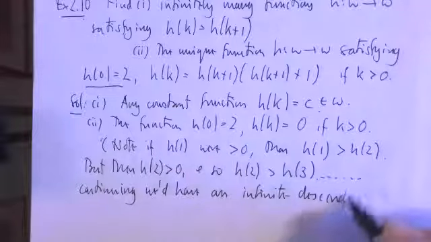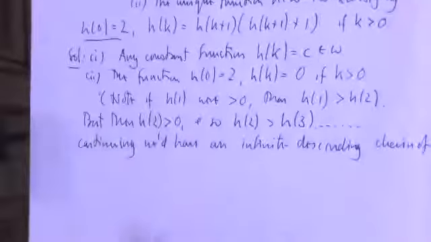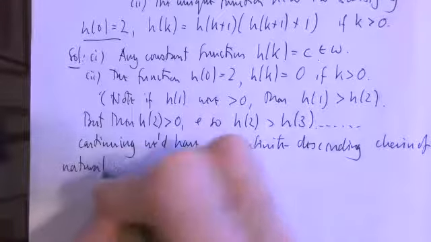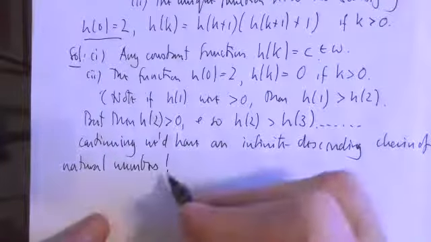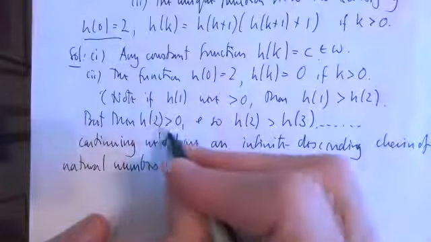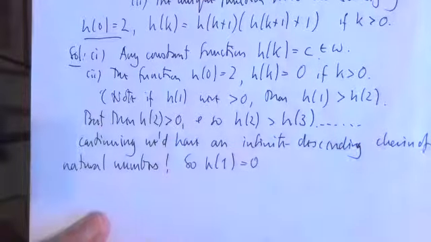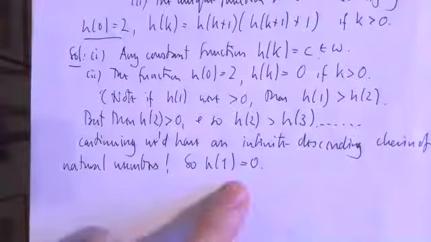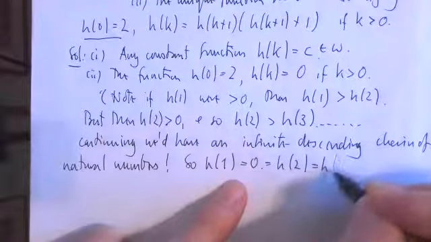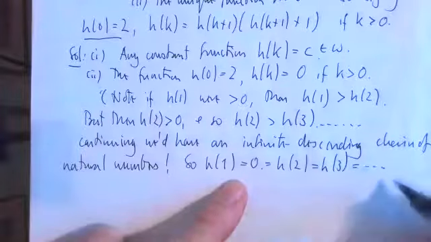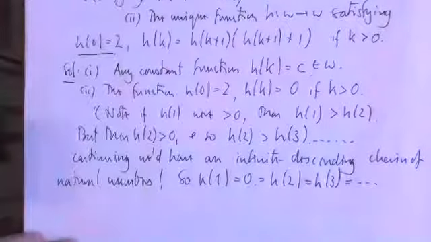Infinite descending chain of naturals, which is impossible. So this can't happen. So h of 1 is 0. But then the same reasoning says the same thing about h of 2 and h of 3. So this is the only possible function that's here.